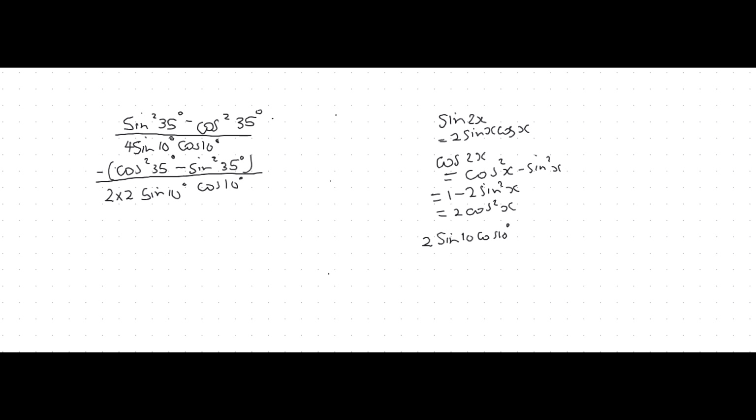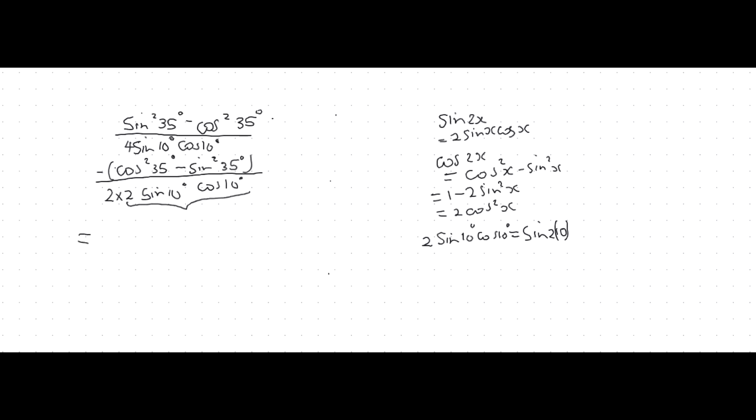So if I were to write it in this form, it would be equal to sine 2, then brackets, our angle here is 10 degrees. So I can go ahead and replace this part by sine 20. Okay, so let me do that.